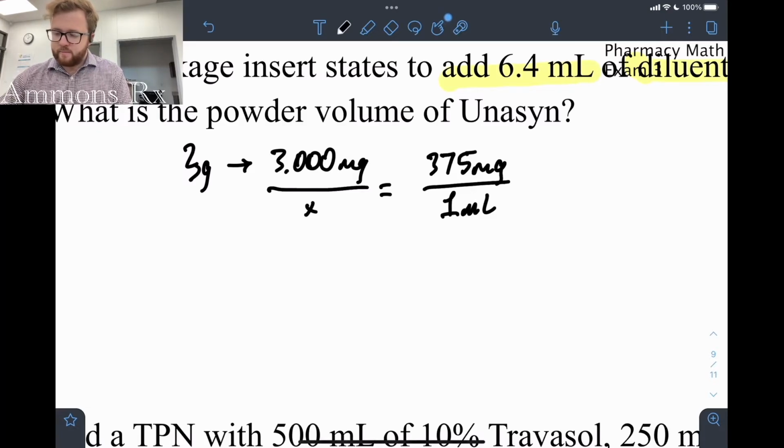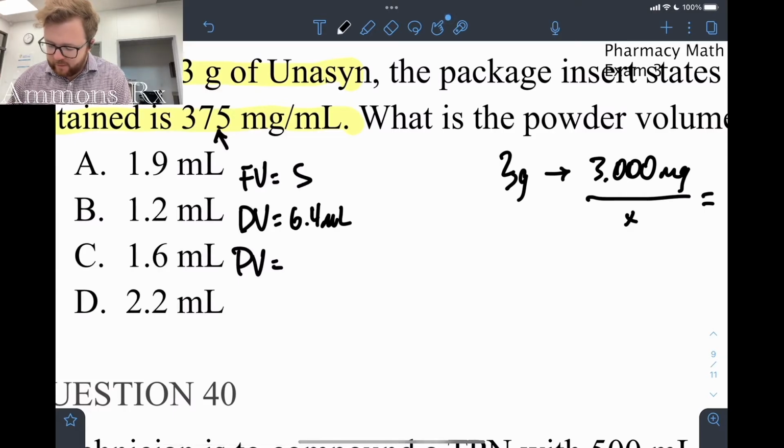So our 3,000 divided by 375 is 8 mils. Okay, so what is my 8 mils? If I started with final concentration, that is final volume. So FV is equal to 8. So in that case, what is DV? I'm sorry, what is PV? Well, 8 minus 6.4, 1.6.